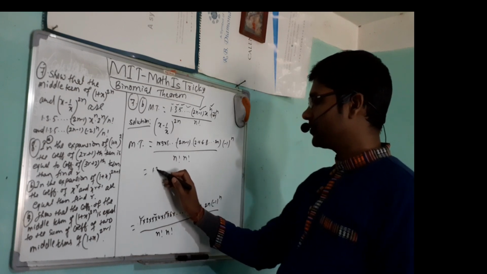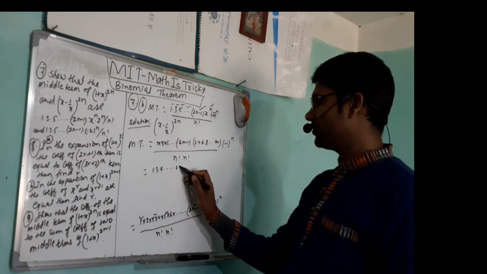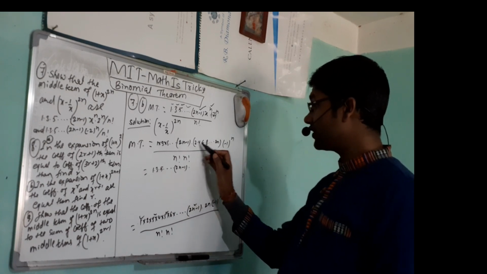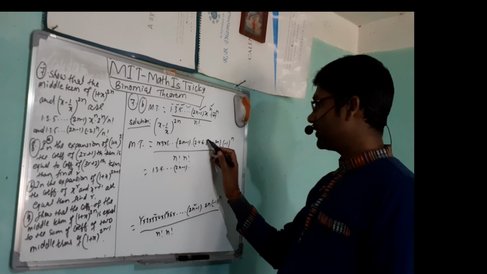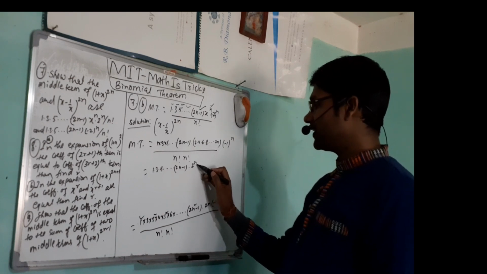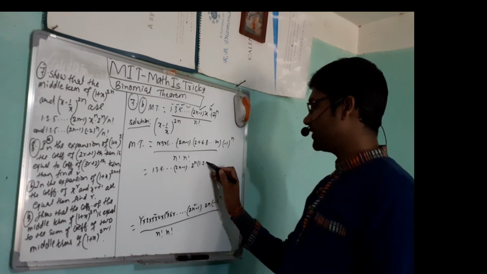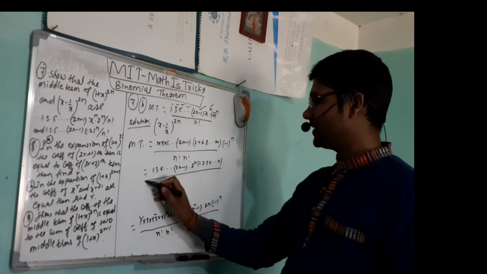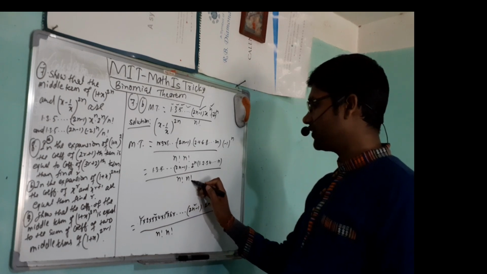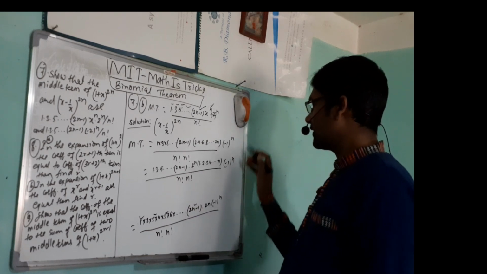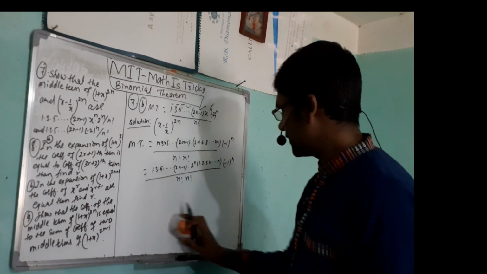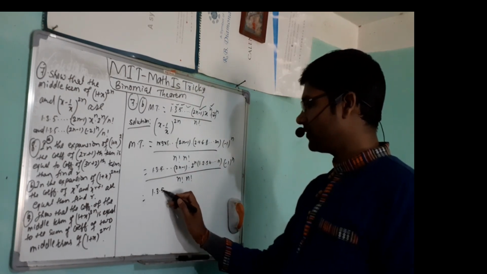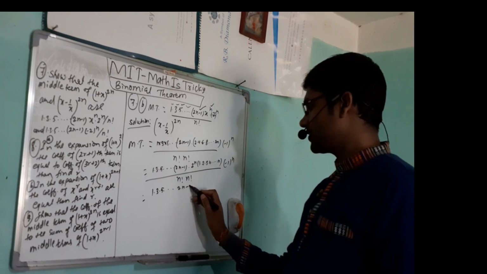So 1 into 3 into 5 into dot dot dot 2n minus 1 is our first part, and from the evens we can take 2 common from each. So we get 2 power n, and then 1 into 2 into 3 into 4 into dot dot dot n, which gives n factorial. So n factorial, minus 1 power n. If we simplify further, we'll get the answer as 1 into 3 into 5 dot dot dot 2n minus 1.